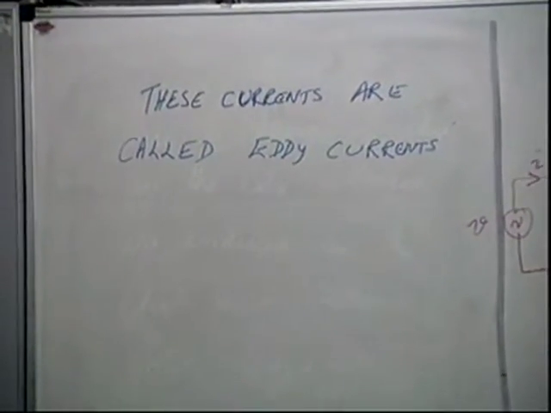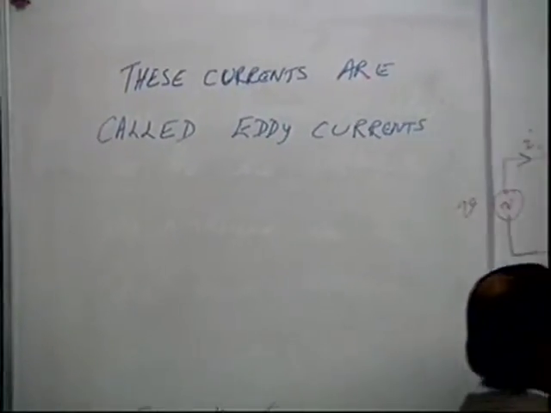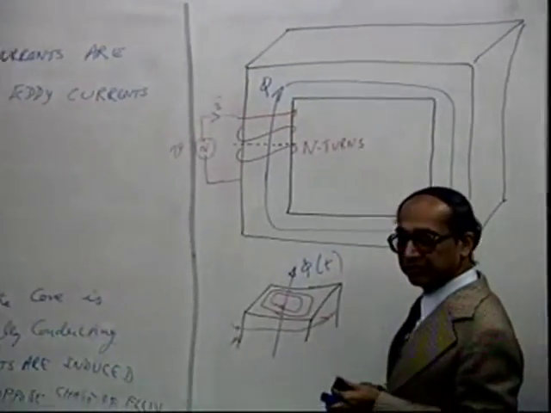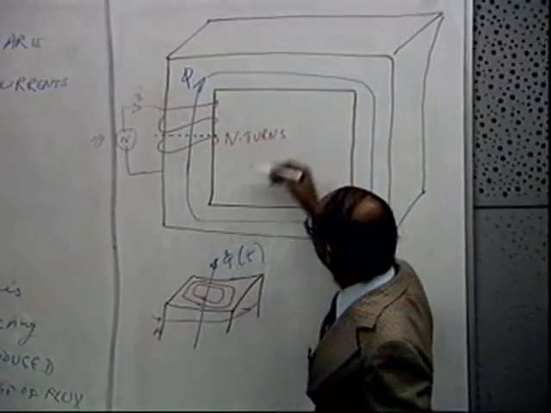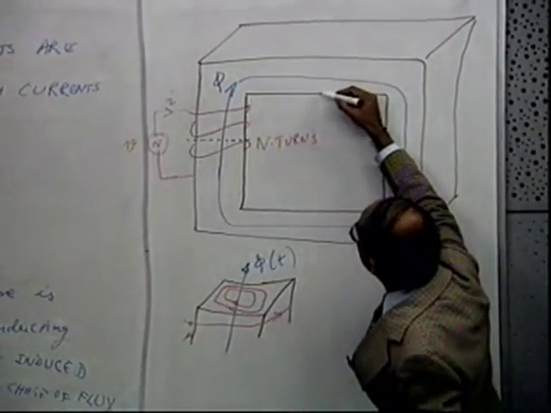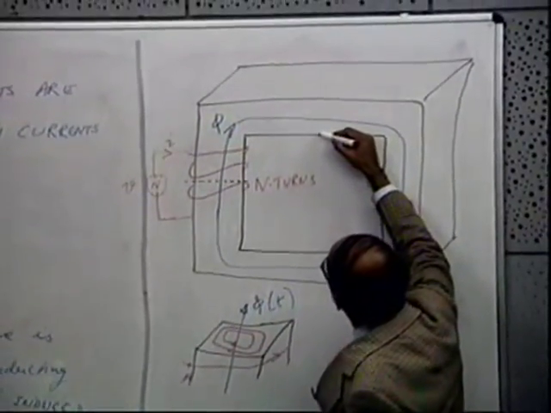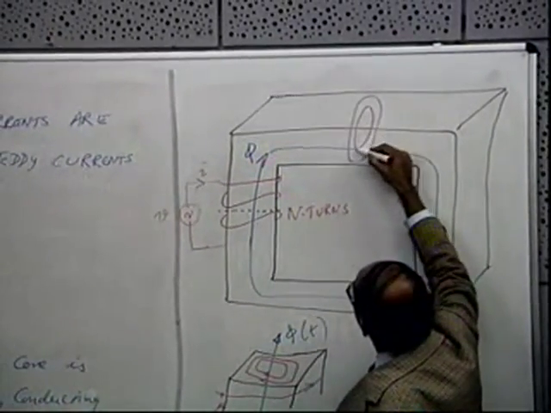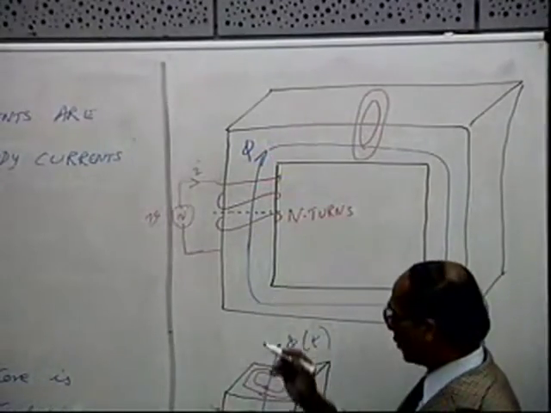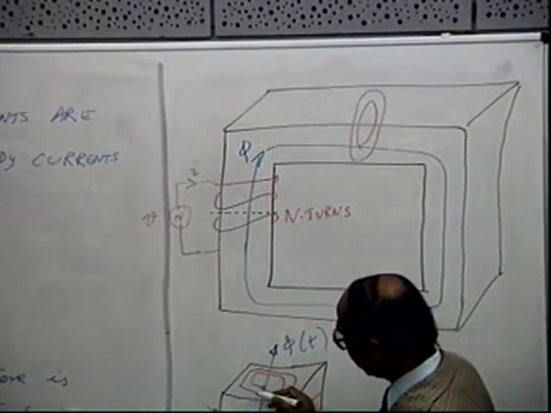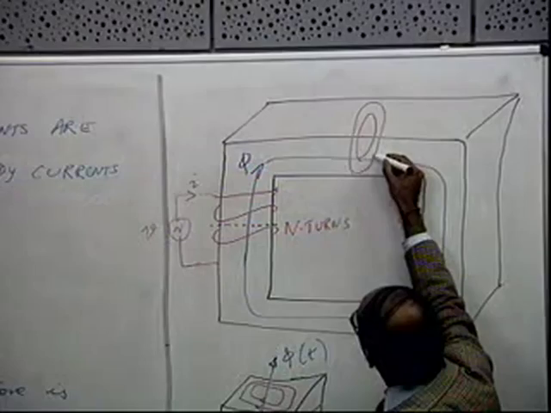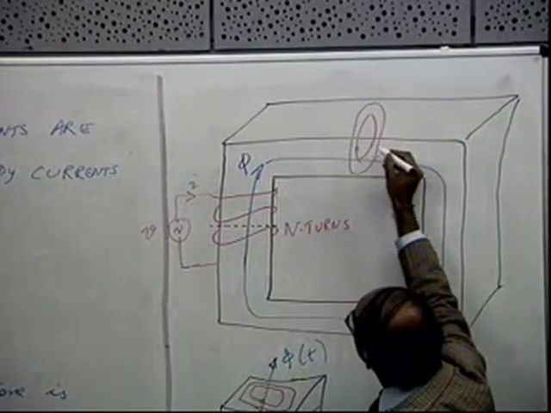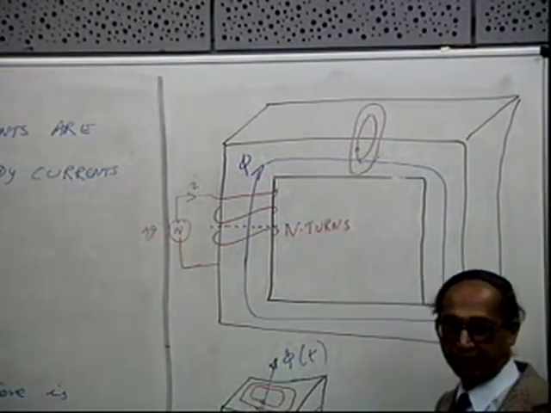Now, throughout the core you will find such currents at any cross section. If you take any cross section, they will be induced in such a way. For example, if it is here, it will be inducing in this direction. So if it is this way here, it will be here this way, so that it opposes the flux.